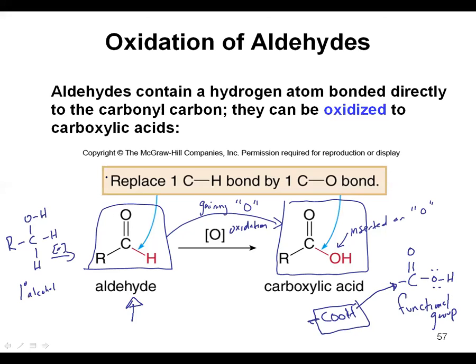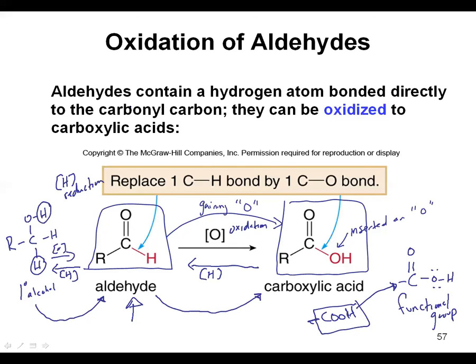This is the removal of an H and then a double bond to our aldehyde. So from a primary alcohol you get an aldehyde, and if you oxidize the aldehyde further, you will get a carboxylic acid. And by the way, the reverse reaction in each of these, we could take a carboxylic acid and reduce it to an aldehyde and get our primary alcohol back. So again, they are opposites of each other. Oxidation and reduction happen together.